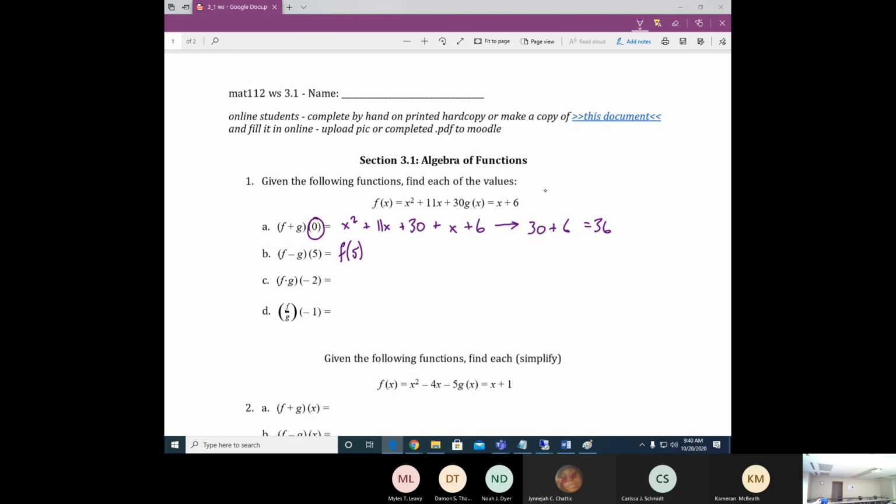I know that f minus g is going to be x squared plus 11x minus 1x, plus 10x, plus 30 minus 6, plus 24. I know that f minus g of x is this.